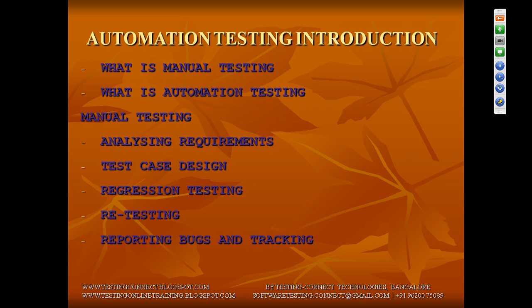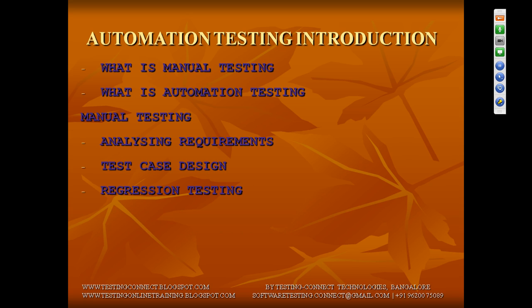The major role would be regression testing. There are two types of releases for any project: major release and minor release. Minor release means every 1 month, major release means every 3 months.